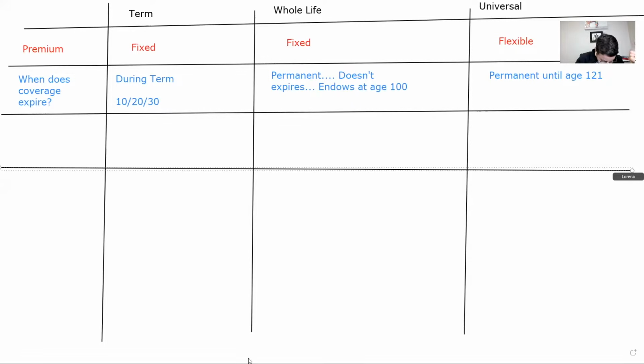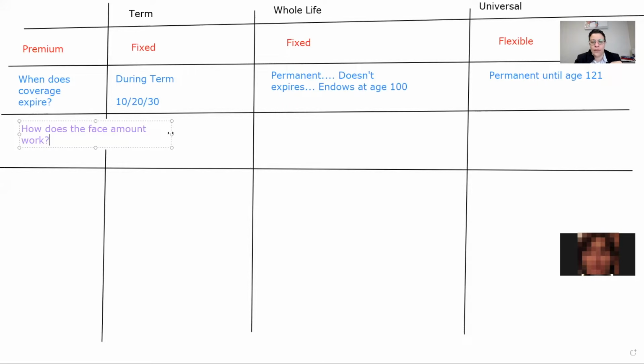So moving on, we're going to go into the face amount, okay? So I'm going to make it purple, and we're going to go into how does the face amount work? Okay.